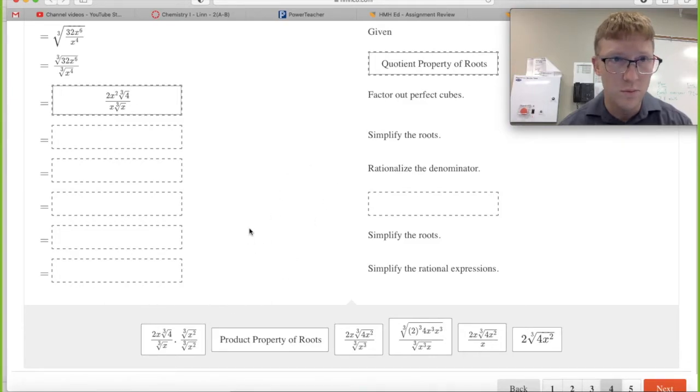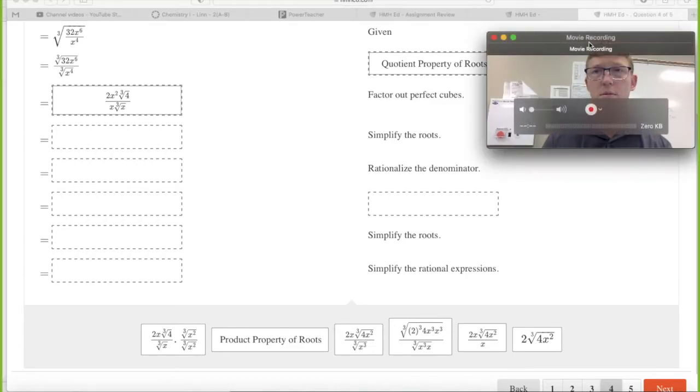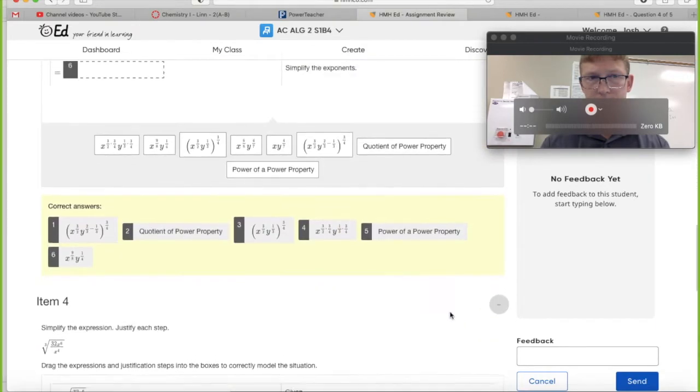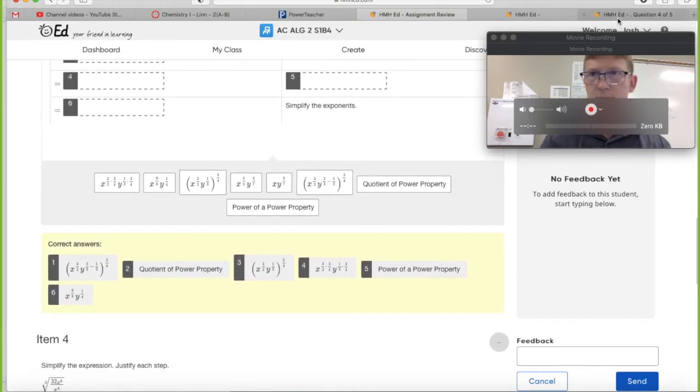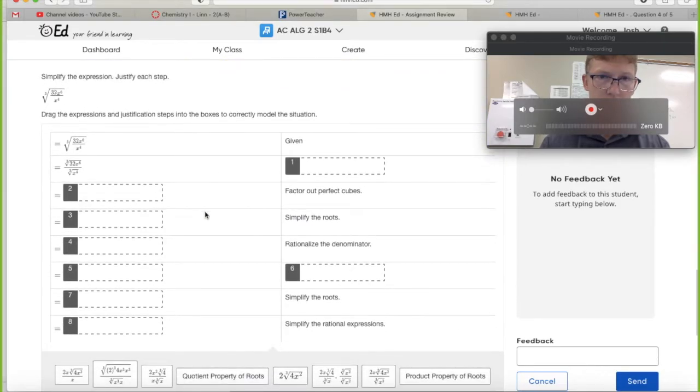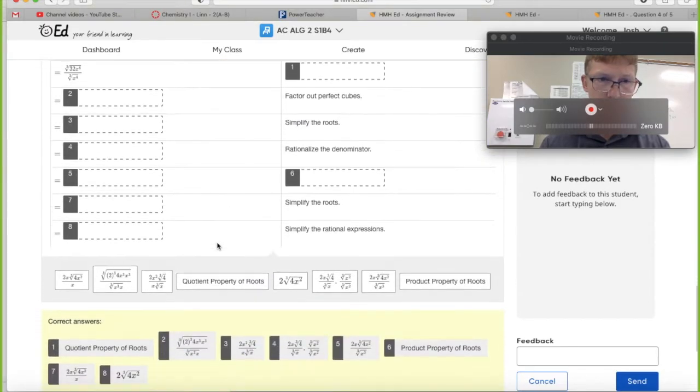Simplifying the roots. Did I miss a step? All right. So question 4. So number 2.